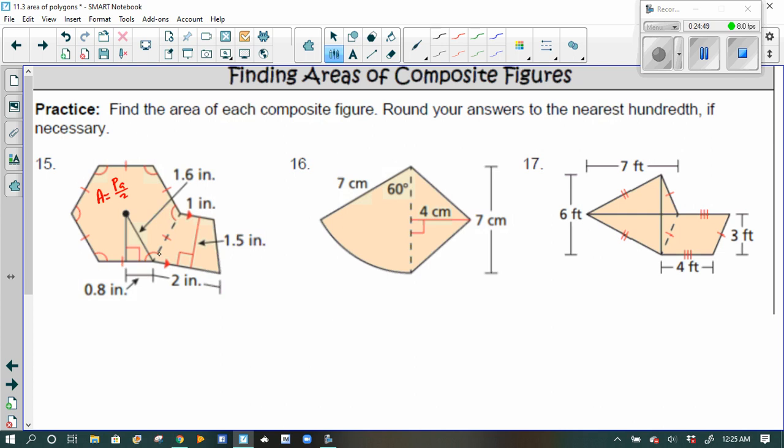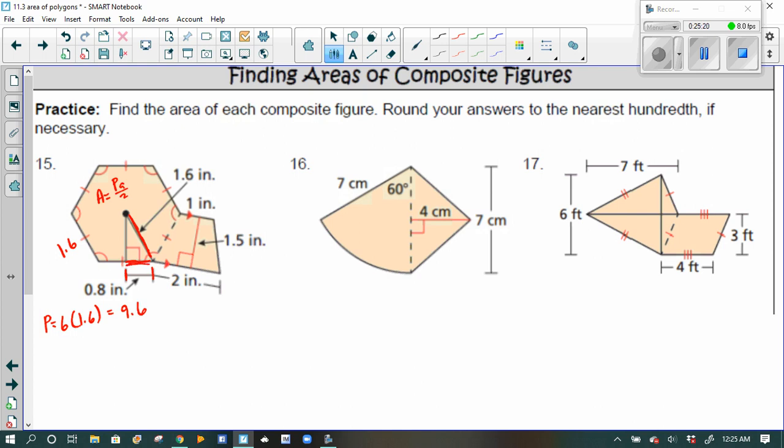Okay, so I know that this piece right here, because they're telling me from here to here, is 0.8. And they're telling me that the radius is 1.6. So that means the sides are 1.6. Always look at what's given because they may actually give you something that you didn't know. So 1.6 times 6. So the perimeter, 6 sides at 1.6 each, is 9.6.